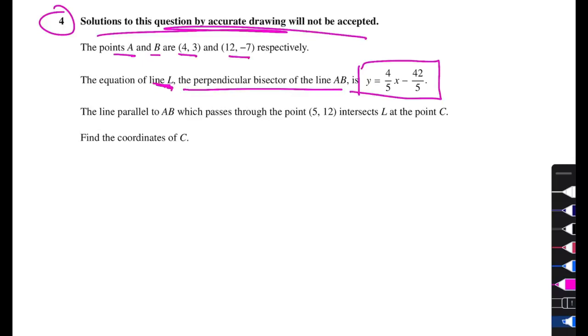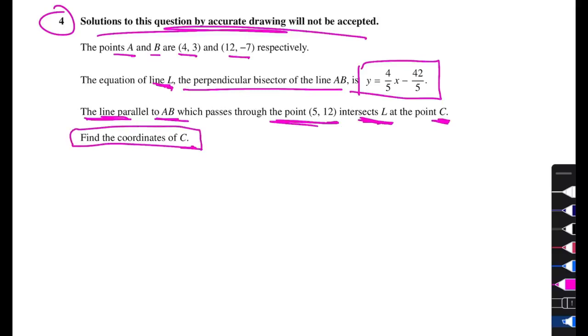Now this line is parallel to AB, passes through this point, and then intersects this line L, which they actually gave to us, at point C. So what they want us to do is to find the coordinates of point C.